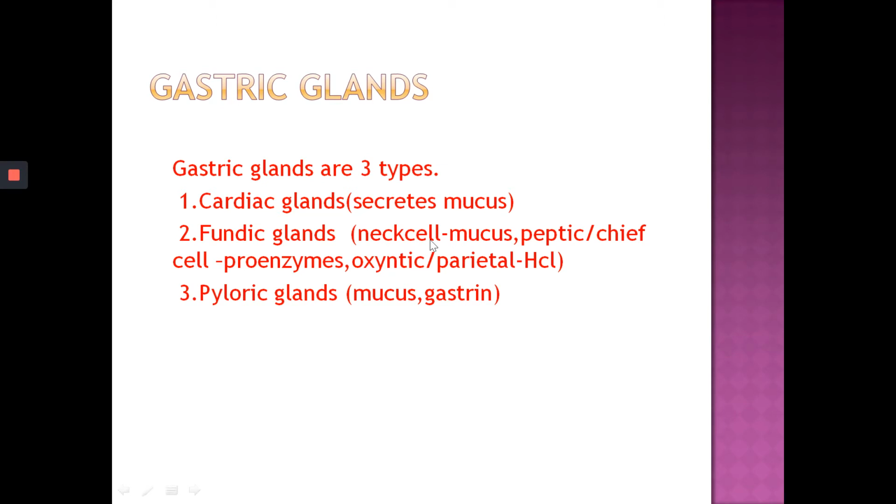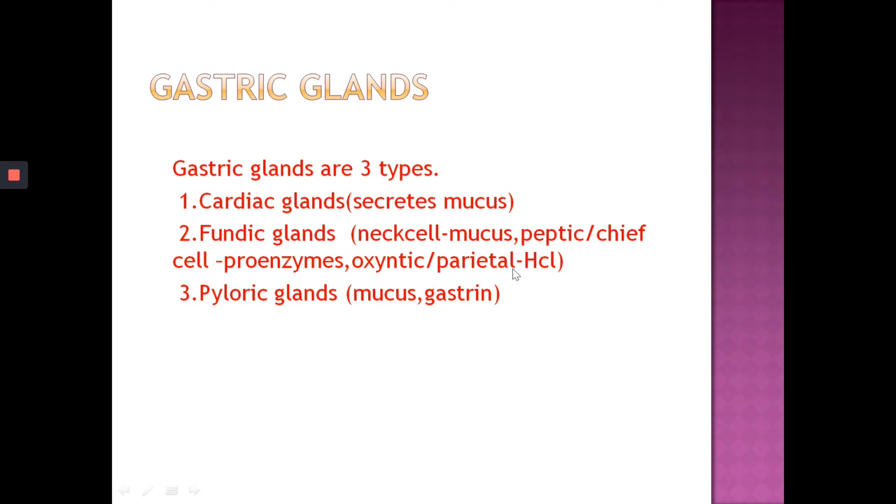Neck cells secrete mucus. Peptic cells or chief cells secrete proenzymes. Pro means the enzymes which are in the inactive form. The third type present in the fundic glands are oxyntic cells.